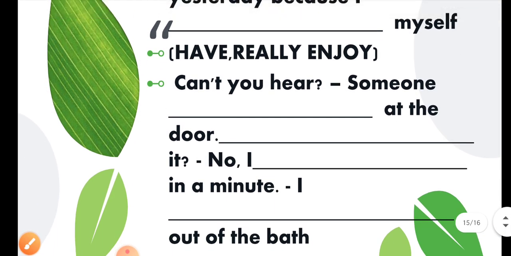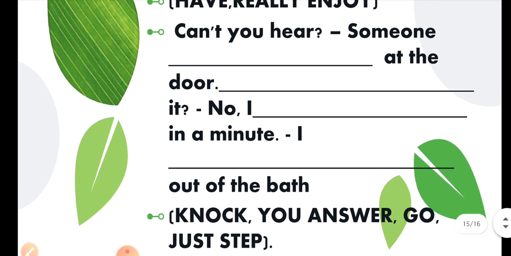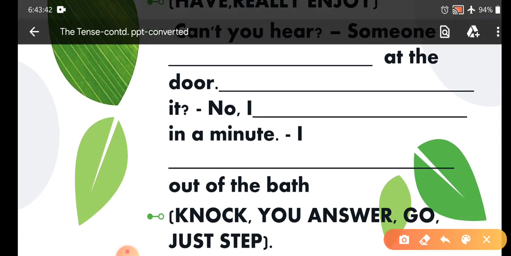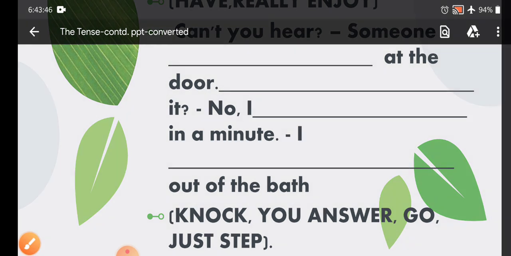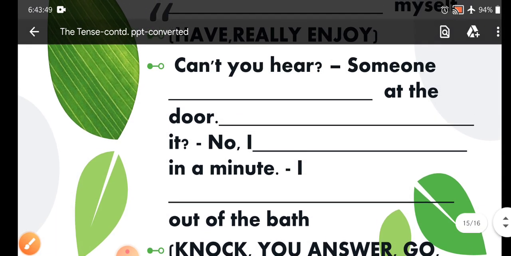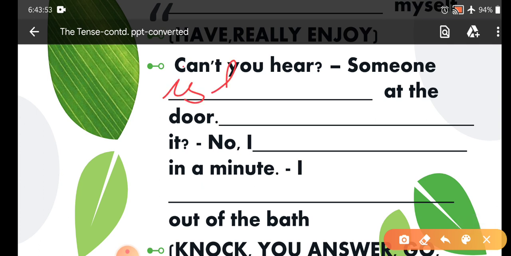Next. Can you hear someone? Someone is knocking. Can't you hear? Someone is knocking at the door. Then dash it.